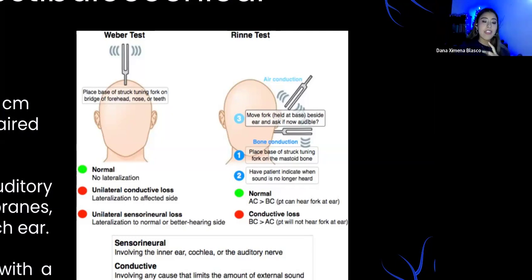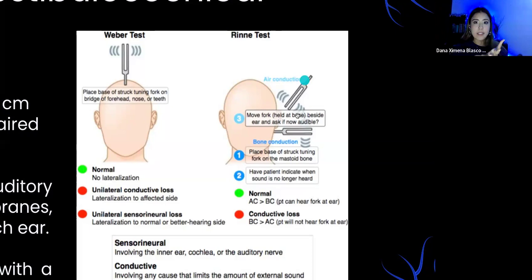Now, if there is a sensorineural loss, the lateralization of the vibration is going to go to the normal or better hearing side, and the other one is going to be the affected side. So there's a difference between a conductive loss and a sensorineural loss.